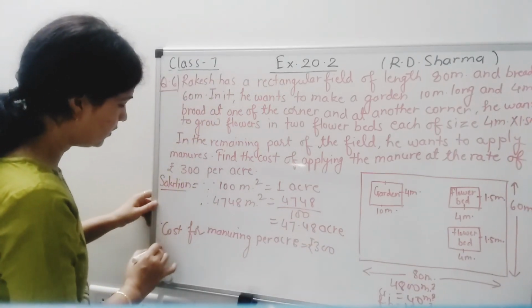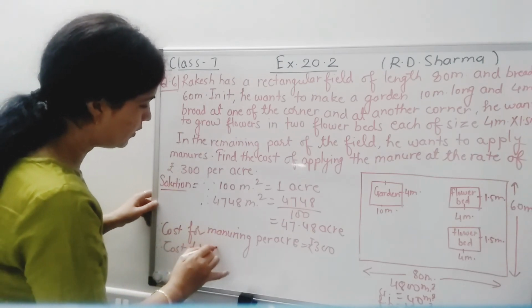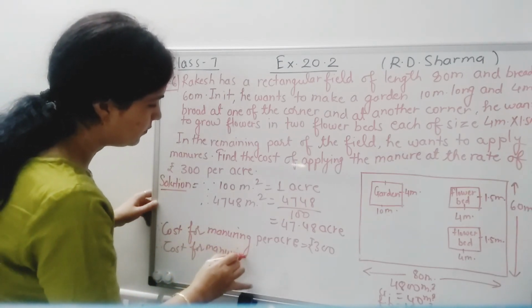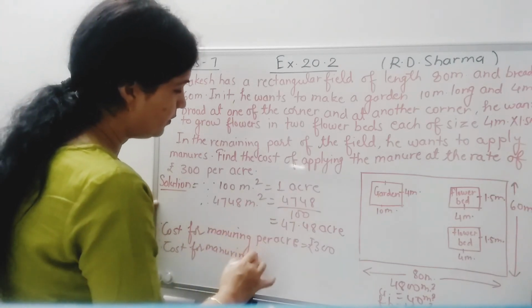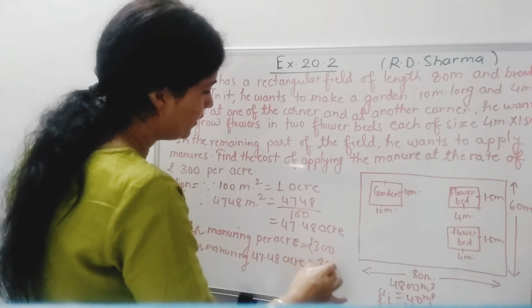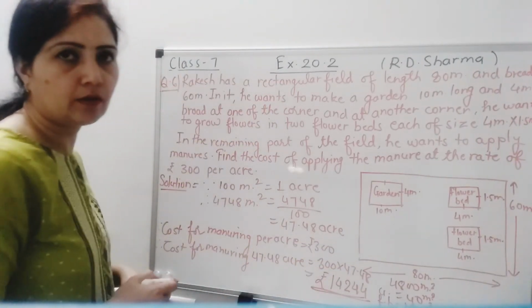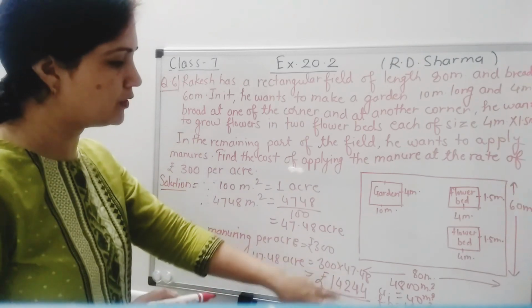So the cost for manuring 47.48 acre, we simply multiply, and it comes to 344. This will be the cost. You can try it by multiplication to save time. I have just written the answer.